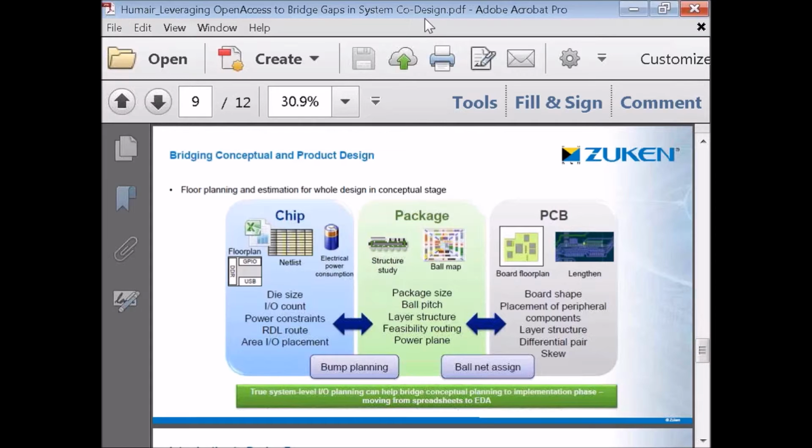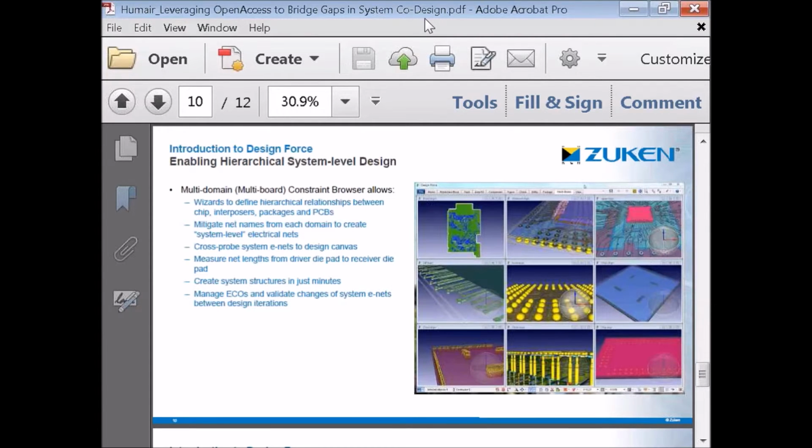And that allows very intelligent trade-offs and planning that goes through the process. And it allows us to bridge a lot of the gaps between feasibility to production design in this approach as well. So if we can go to the next slide.